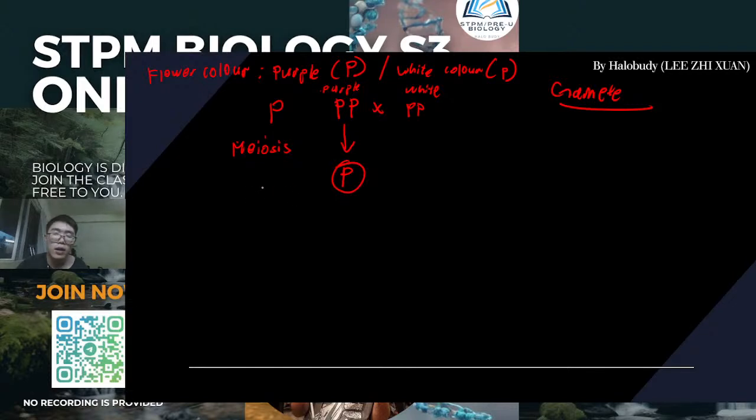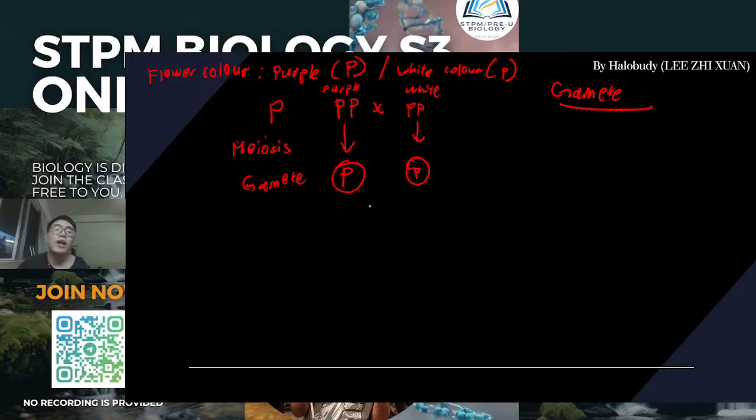For this other one, it will only produce white color gametes, because it only has white alleles, one type of allele only. Both alleles are white, so automatically it will be white.